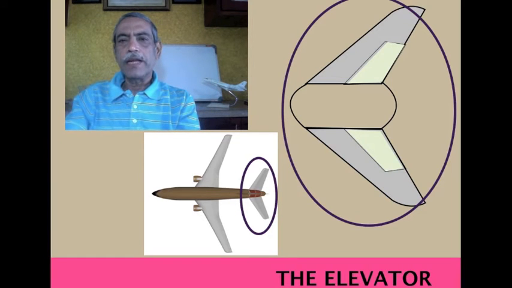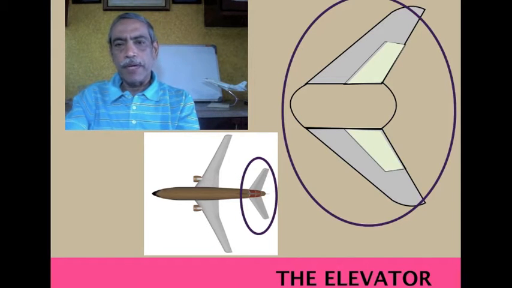Firstly, the elevator. Elevator is a very important flight control. As we have already seen, the elevator moves in an up-down direction, and it controls the flight path of the aircraft in the vertical plane.